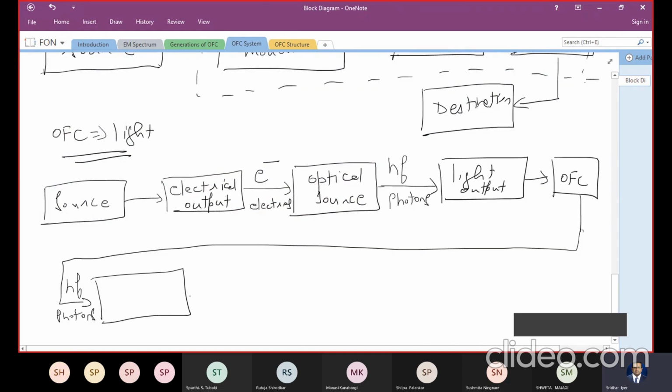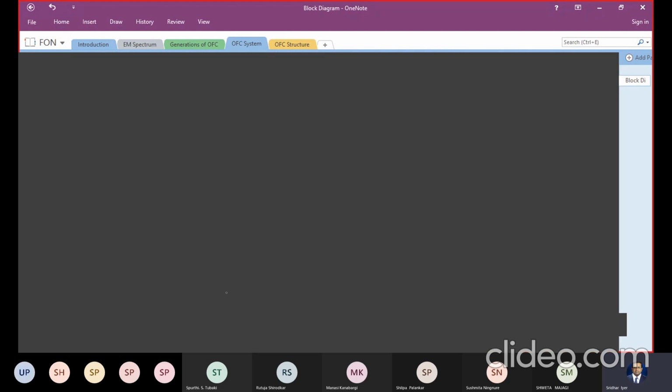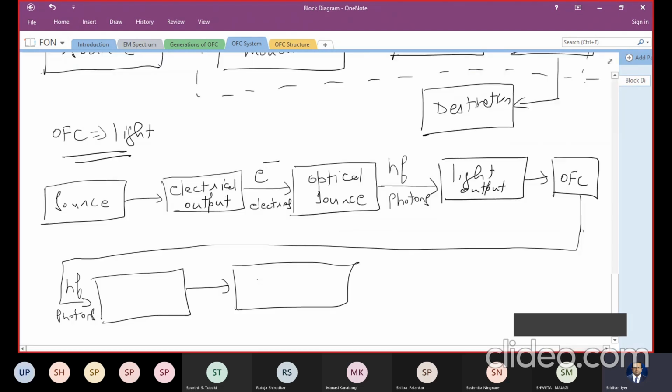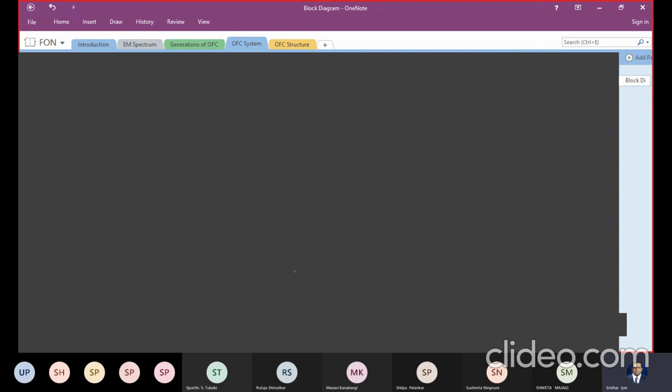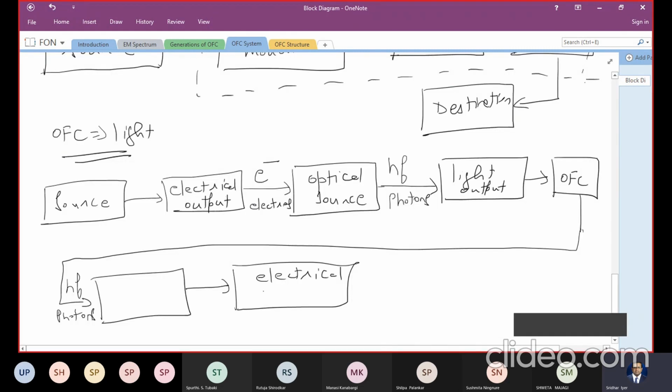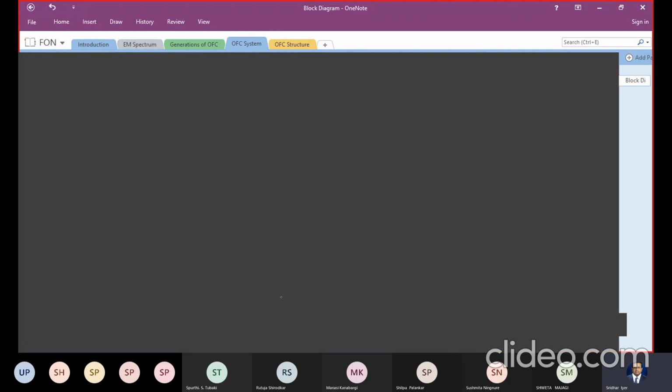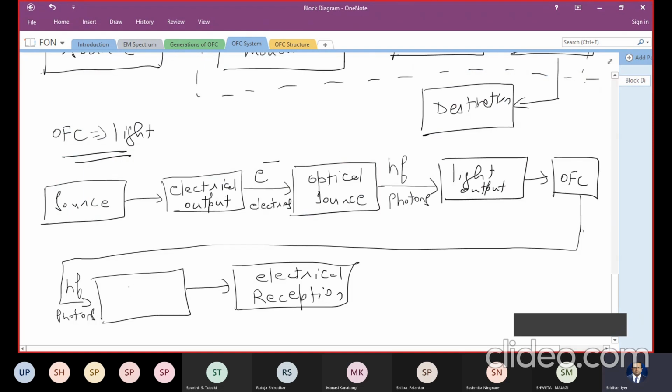However, we cannot give light to the receiver because the receiver will not understand, because the receiver wants to receive electrical data, right? So I want to have electrical reception. Therefore, this block, the blank block here, needs to be a device that can convert photons back into electrons.